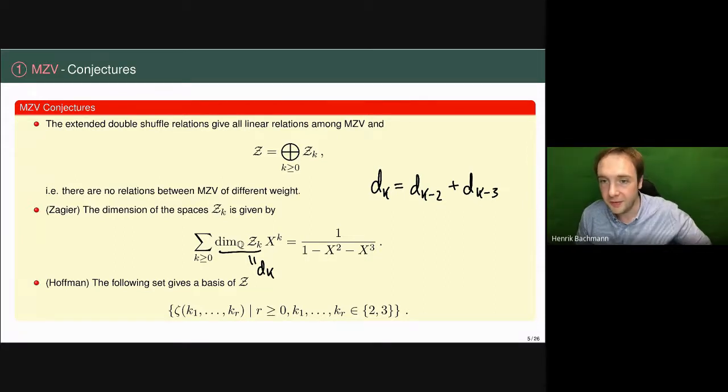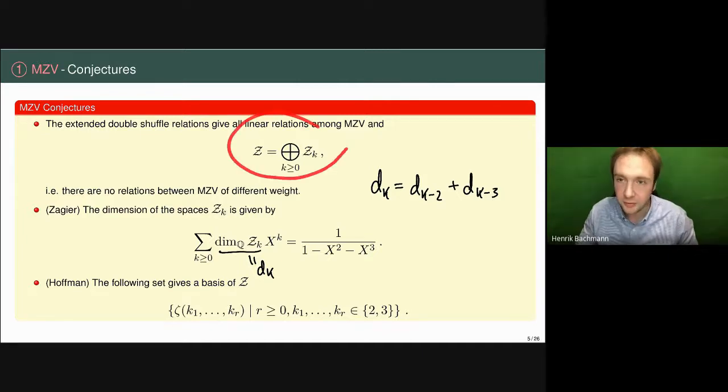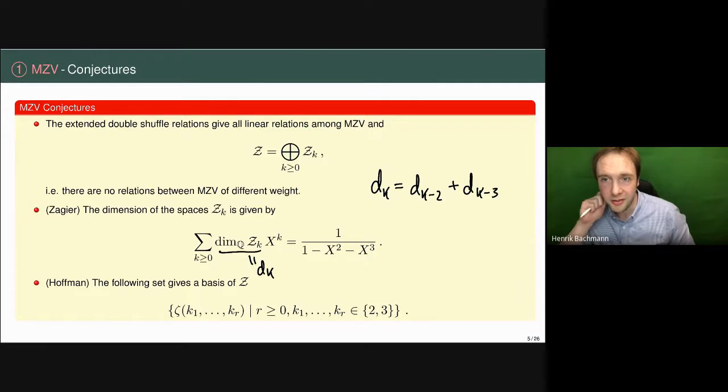But this would mean that I have different monomials where I plug in the zeta, and this would give a linear combination of multiple zeta values of different weight. So if we know this, then in particular, all odd zeta values would be transcendental. And this we don't even know for any odd single zeta value. So this is a really strong conjecture where we actually don't know much.